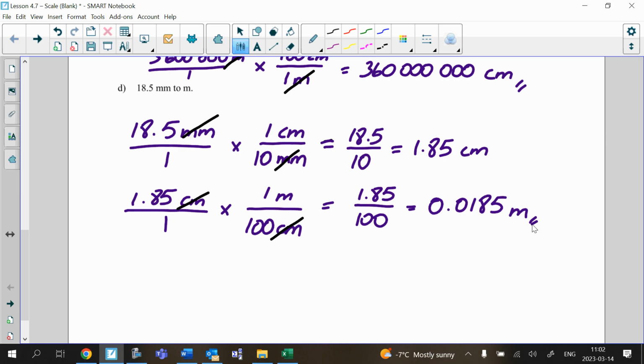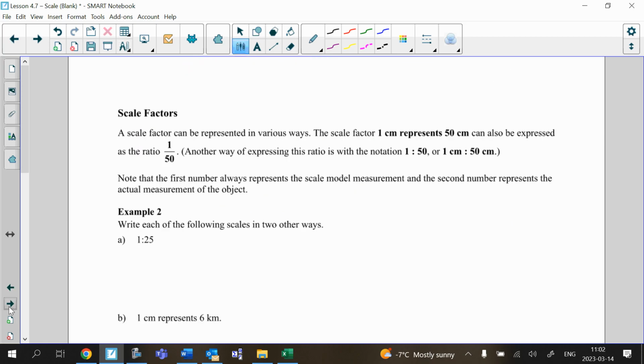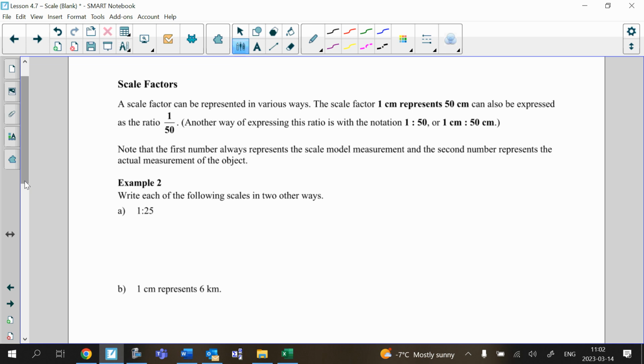Okay, so where can we use things like this? Well, scale factors. This is the last thing we're going to talk about. Where do we use scale factors? When we talk about enlarged shapes or reduced shapes. Scale factors are used on maps.